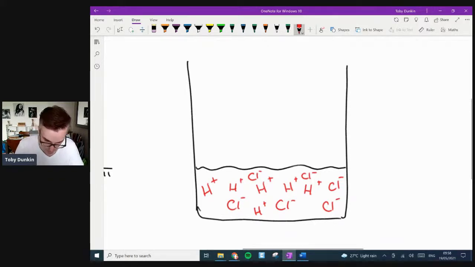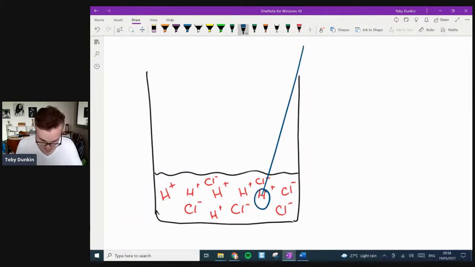And our pH probe is picking up those H pluses. It's actually able to see them. By the way, if you're interested in how a pH probe works, it uses infrared light, IR. Najma, you'll know this. It's actually picking up the OH bond in H3O plus.